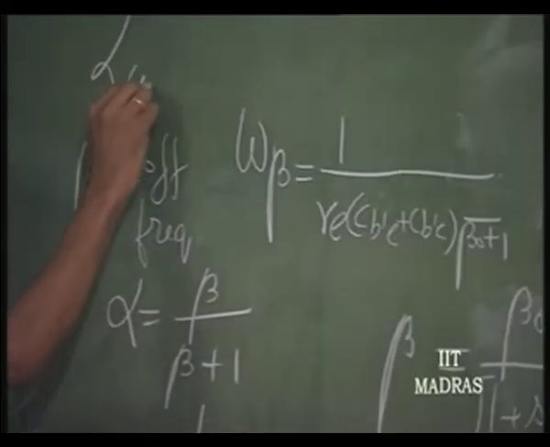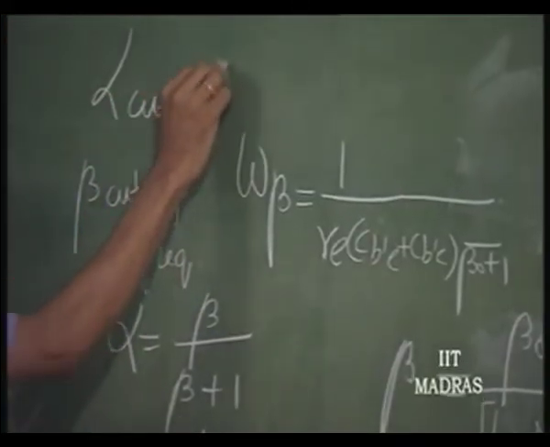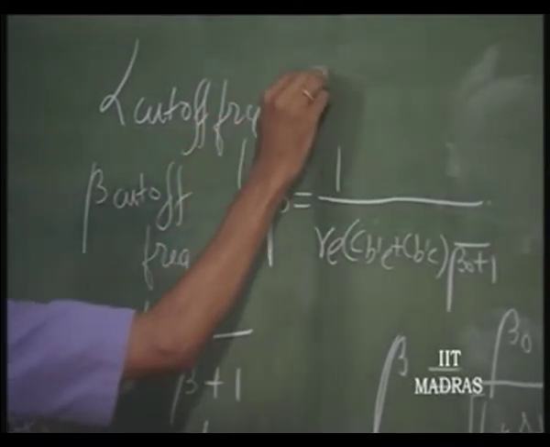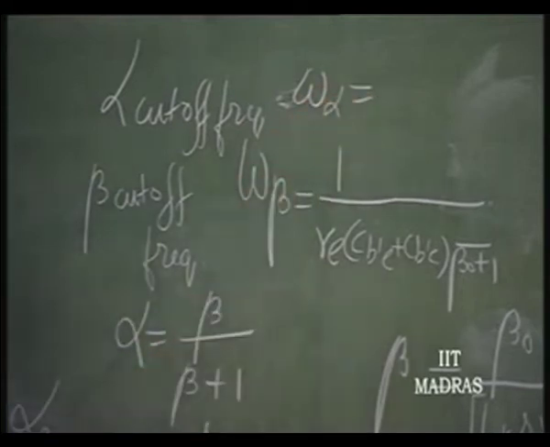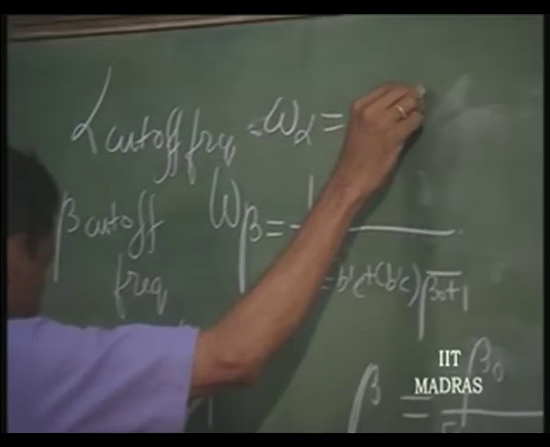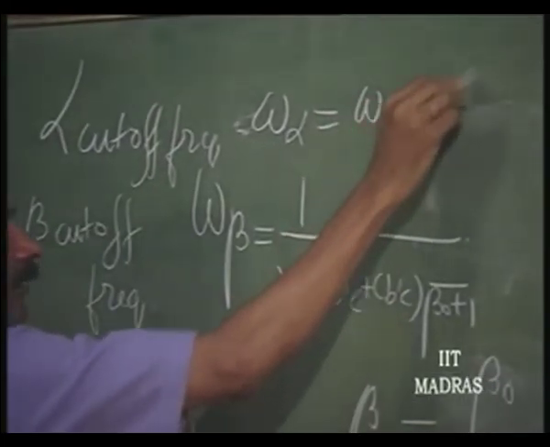So, alpha cutoff frequency, we will call this omega alpha, is equal to omega beta into beta naught plus 1.